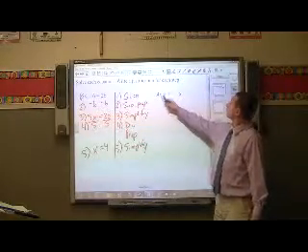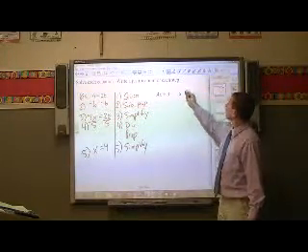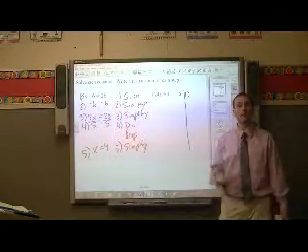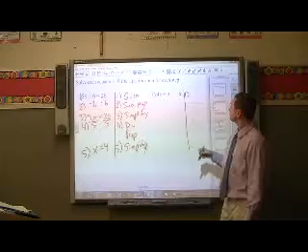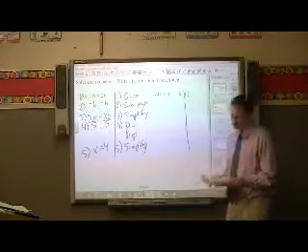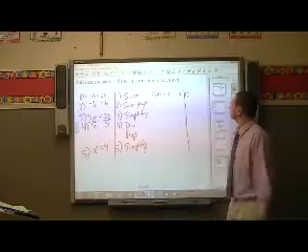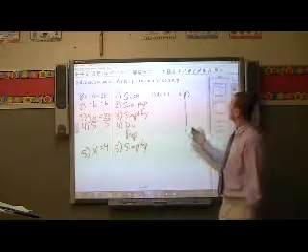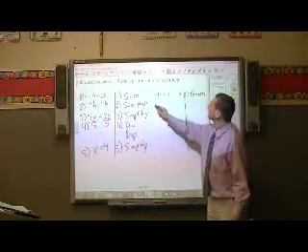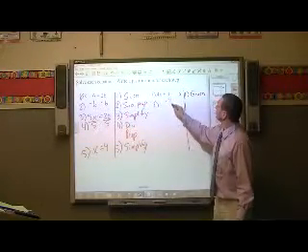This one, 0.4x plus 3 equals 1.6. Alright, give that one a shot. So hit pause and give it a try. Okay, first step, it's given, because that's what they gave us. Second, I got to subtract 3.